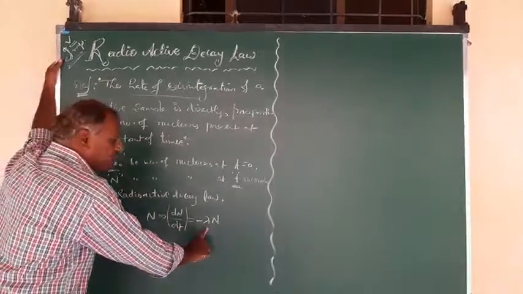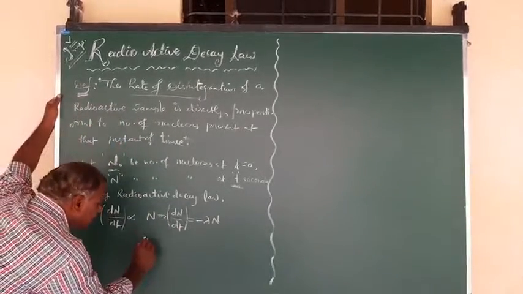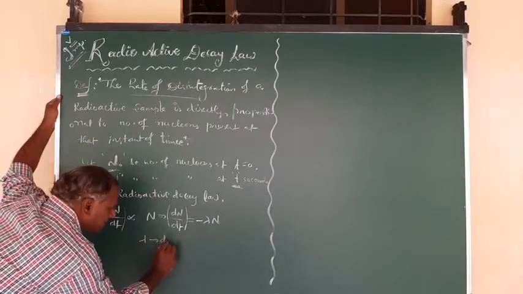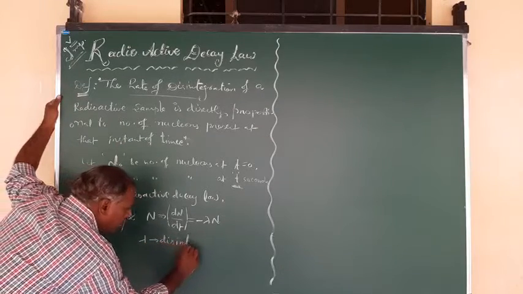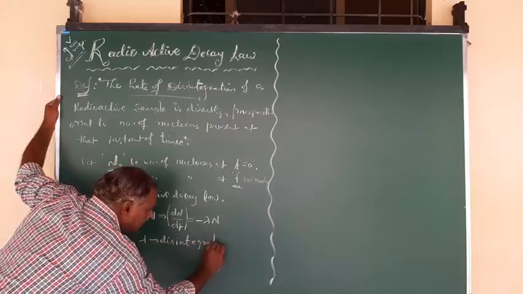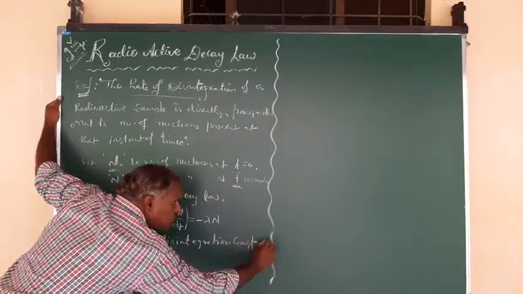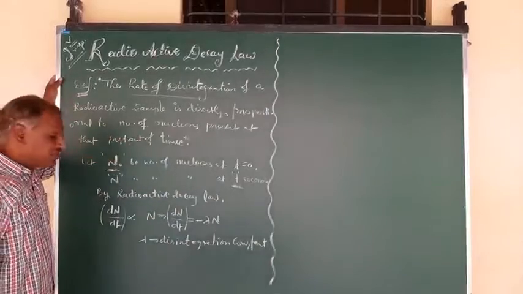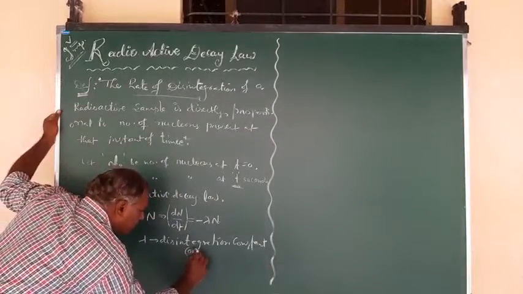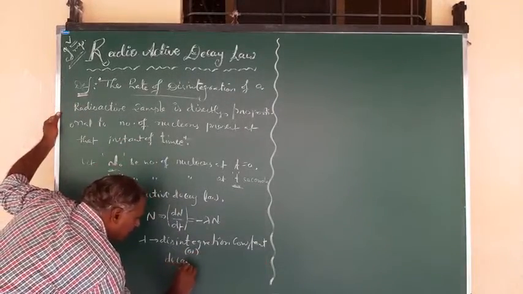Here this proportionality constant lambda is known as the disintegration constant, or sometimes it is also called the decay constant.